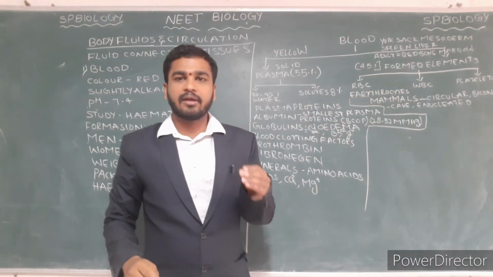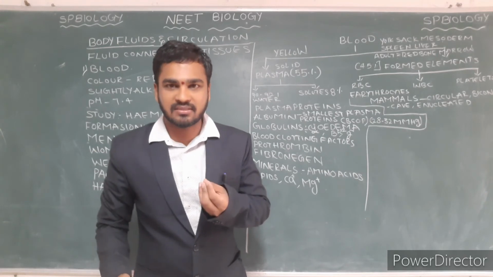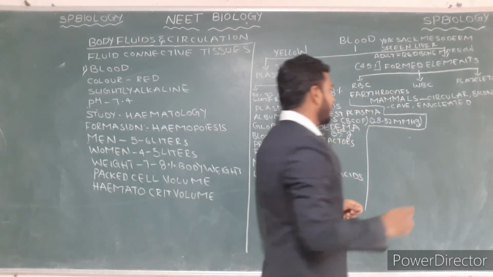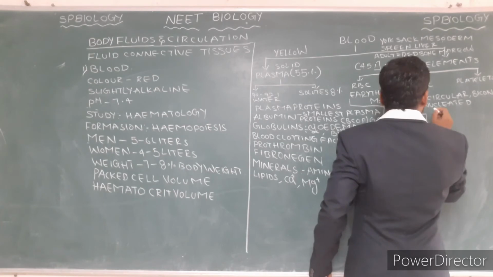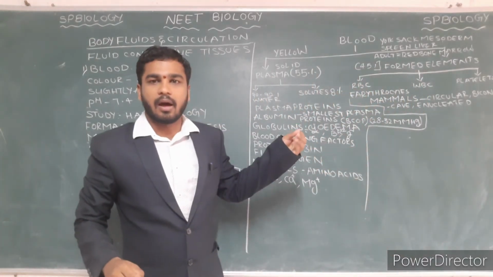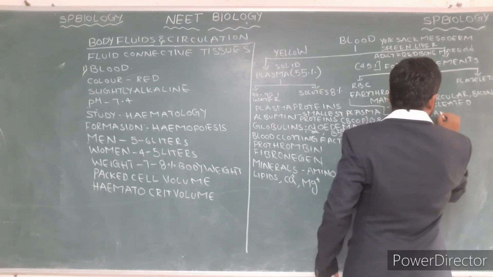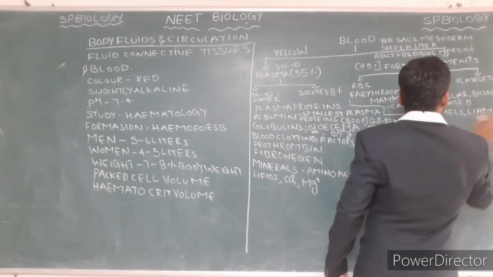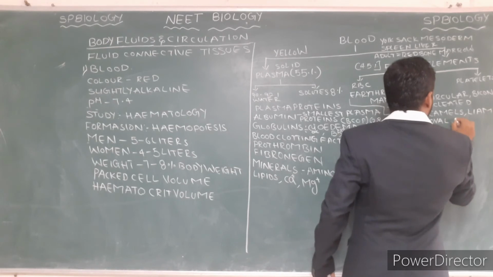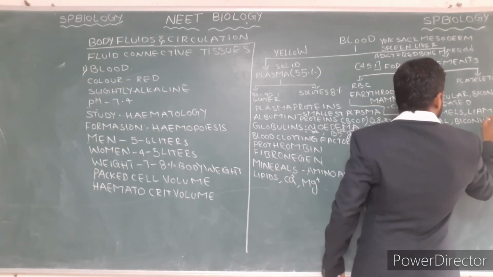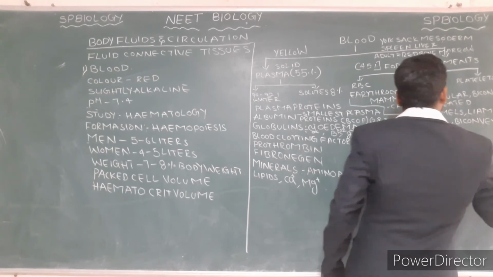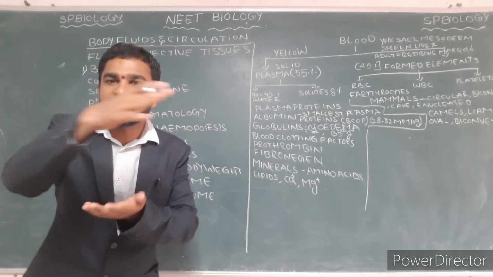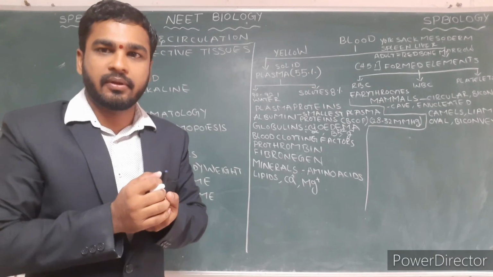Exceptionally, only in two mammals, camels and llamas, we can see oval shaped, biconvex RBC. In other mammals, the RBC is circular in shape with concavity.